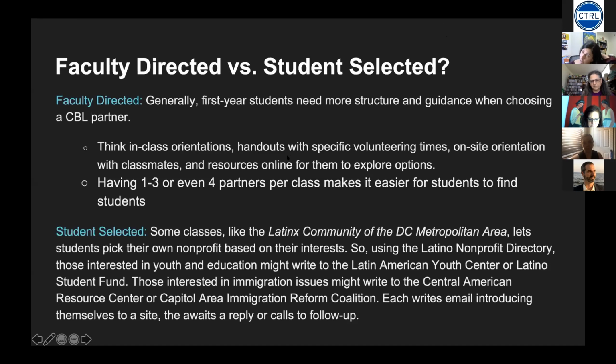Good point. I also want to mention, sometimes I've had my students start out working on something that looked like direct service. They were working with a nonprofit out of Cardozo High School, and it was a college access program, and they were supposed to help students work on college essays with Latino Student Fund. And as they were sitting down at a computer with some of the immigrant high school students in this program, they found out that what the organization really needed was a guide to college scholarships for undocumented students.